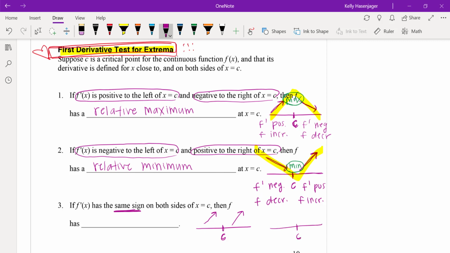And again, if we have our critical point, and on the left-hand side we're going down, and on the right-hand side we're going down, it didn't change directions. We don't have a max or a min at our critical point. So neither a max nor min.